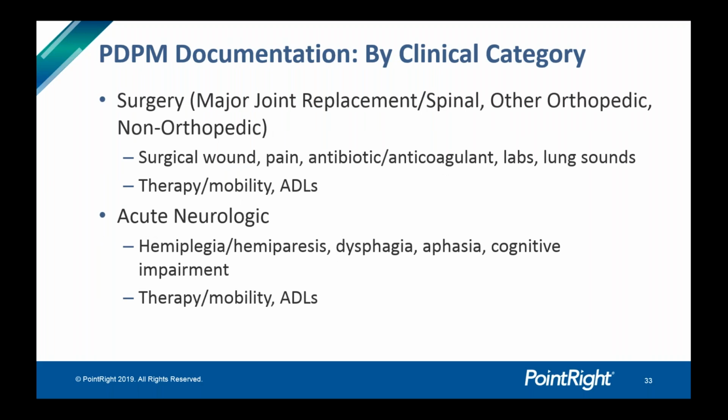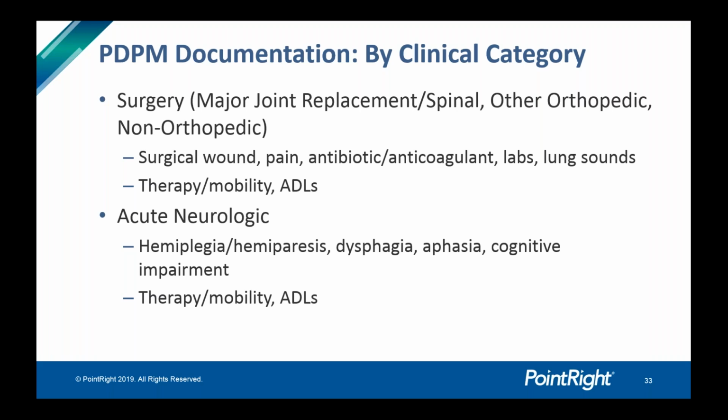Now, not to belabor the details, but you may want to think about this in terms of clinical categories. If you have a new patient or resident in your facility who falls into a surgical category, whether it's a major joint replacement or other orthopedic surgery or non-orthopedic surgery, what would you expect to see in the documentation that not only drives the PDPM categorization, but also shows the skilled daily care that you're giving that resident, because you have to meet that level of compliance as well.